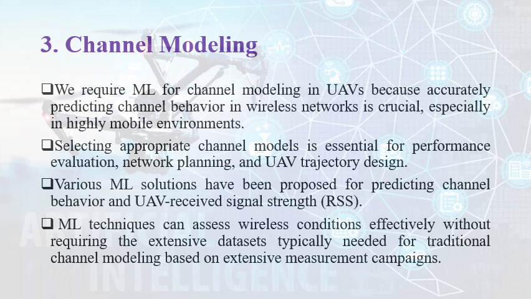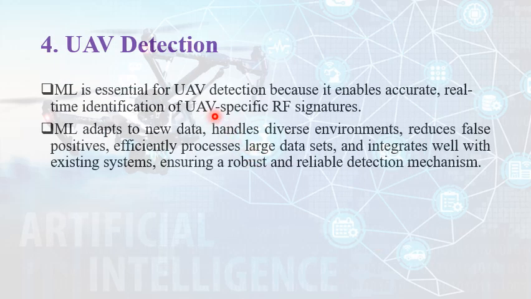Okay, UAV detection. What does it mean? UAV detection means identifying and tracking UAVs. Imagine we have an airport and we want to prevent the entrance of unauthorized UAVs to the airport environment. We need UAV detection to identify and track these UAVs and prevent unauthorized access to the airport.